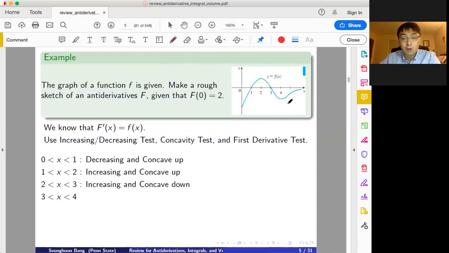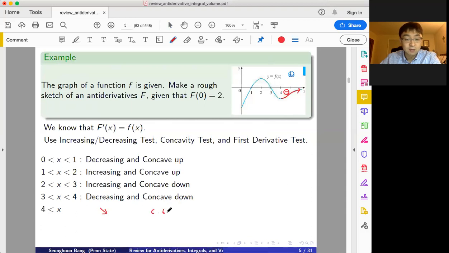For 3 to 4, it is below the x-axis, so decreasing. Capital F prime is decreasing, so capital F is concave down. For greater than 4, we have below the x-axis, negative, so the graph is decreasing. Capital F prime of x is increasing.